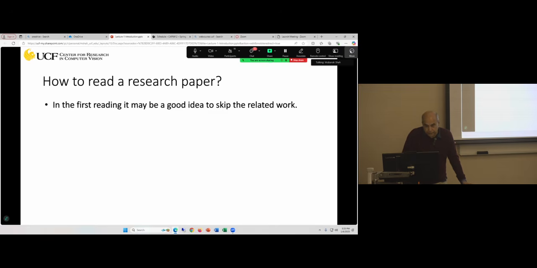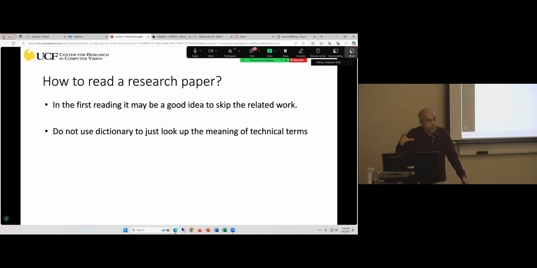Okay, so in the first reading, it may be good to skip related work. Because you just want to know what's the problem, what's the method. Just don't worry about related work. And never use a dictionary to try to understand a paper, okay? These are very complex concepts. They are not defined in a dictionary. I mean, you can do a search on Google.